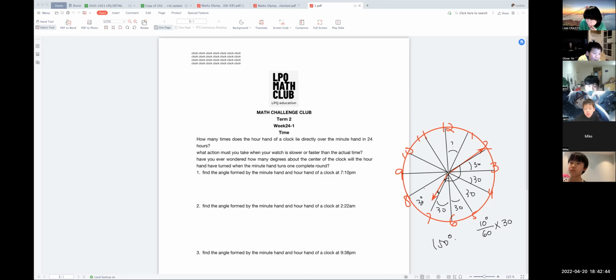Because if you go from here to here, 1 hour has passed. We don't have 60 minutes passed, we only have 10 minutes passed. So it's 10 over 60, and you need to times 30 degrees. So the answer is 155, because 1 over 6 times 30 equals 5 degrees. So the answer is 155.